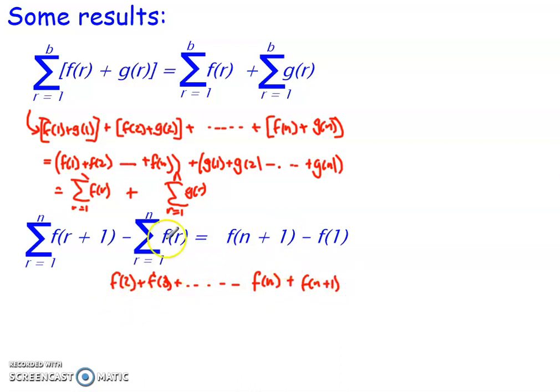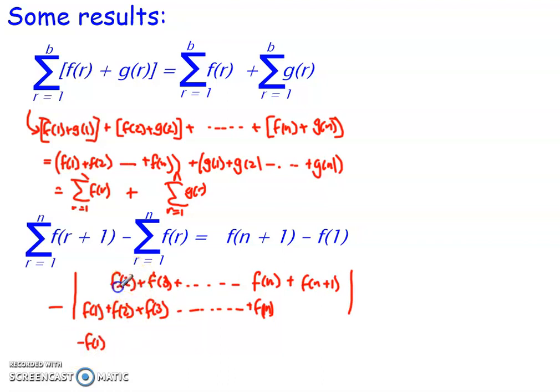If I was to write below that the expanded series, I would start with f of 1, then plus f of 2, plus f of 3, and that would continue all the way up to my final term, which in this case would be the plus f of n term. Now I'm subtracting these two from each other, so if I box this off and do a subtraction going down the way, I would get nothing take away f of 1, so I'd get minus f of 1 here.